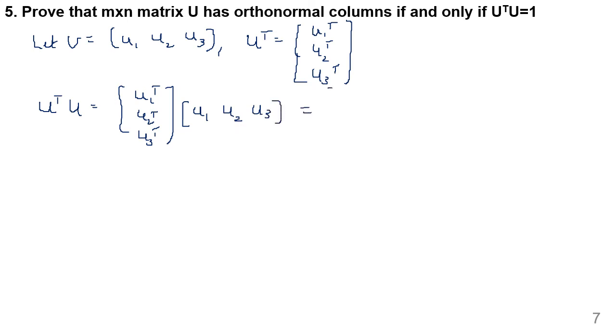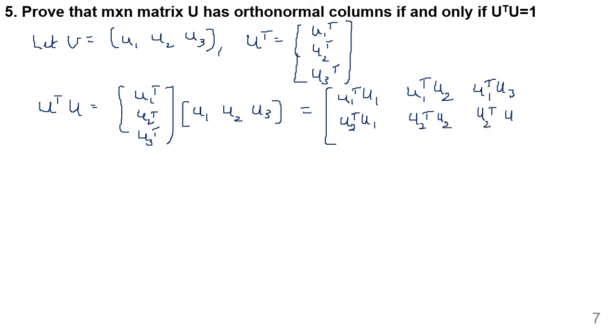After multiplication we are going to get the matrix with entries u1 transpose u1, u1 transpose u2, u1 transpose u3, u2 transpose u1, u2 transpose u2, u2 transpose u3, u3 transpose u1, u3 transpose u2, u3 transpose u3.